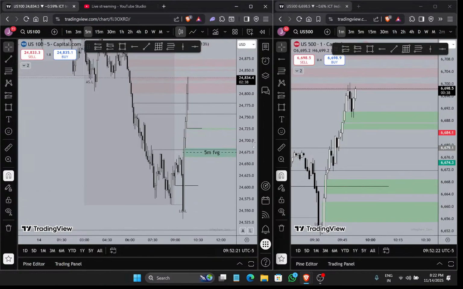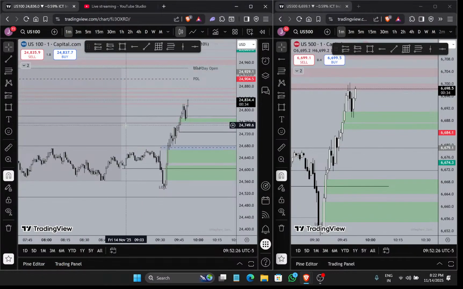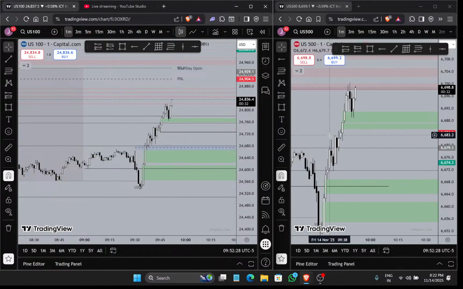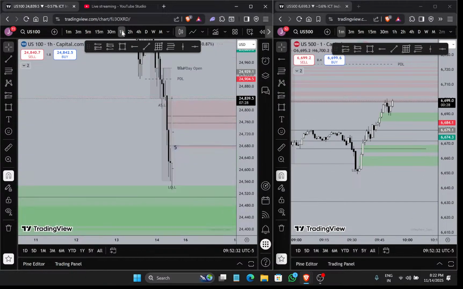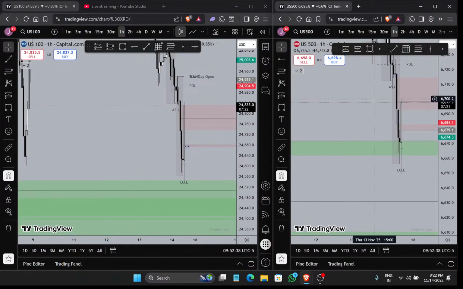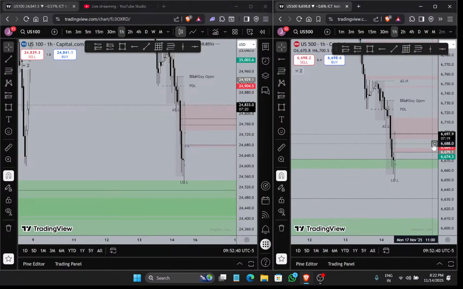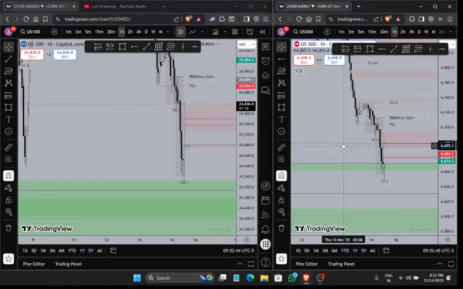Okay, without retracement, we are pushing high. Let's see if we can inverse this 1 hour. If we inverse this 1 hour, we can look for trades to the higher levels, maybe.